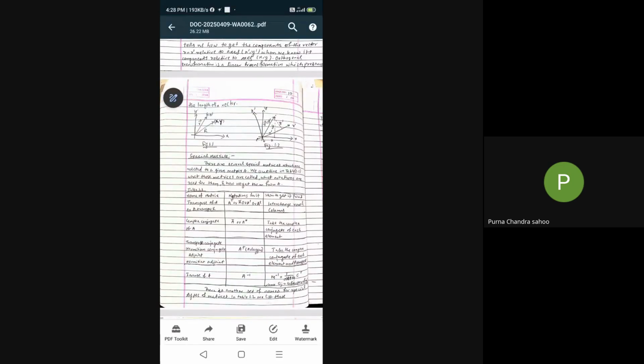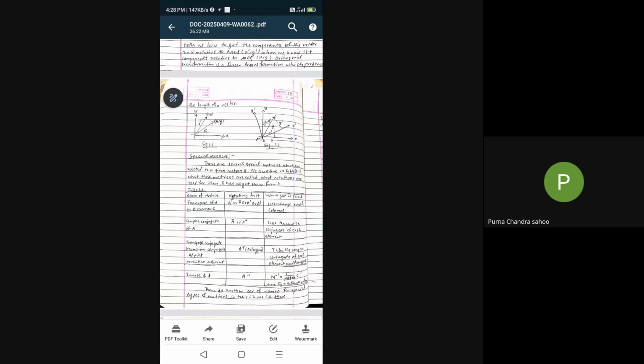So there are several special matrices which are related to a given matrix A, and we outline these in the table as shown on the screen. Name of the matrix, notation of it, how to get it from A. First one is the transpose of A. This can be written as A superscript T, or A bar, or A dash, or A superscript t.